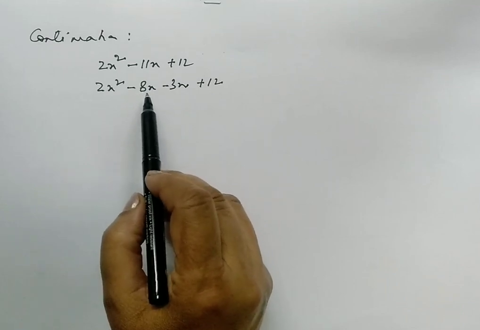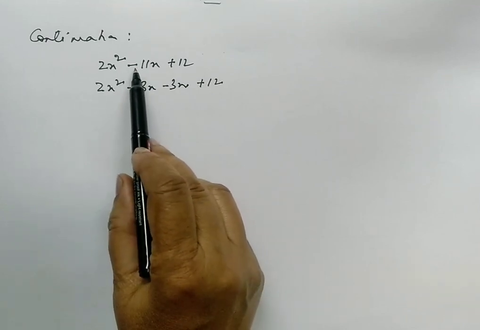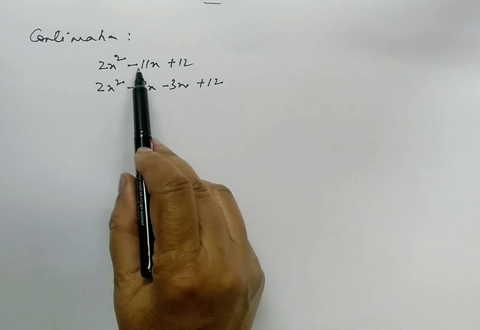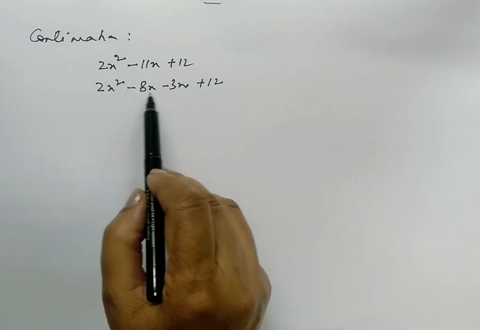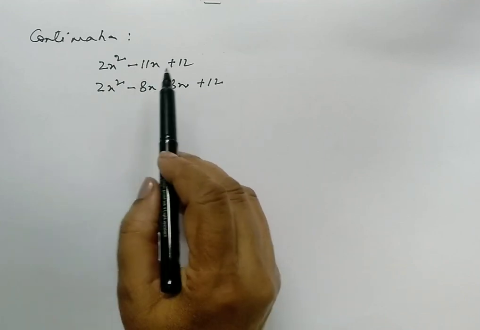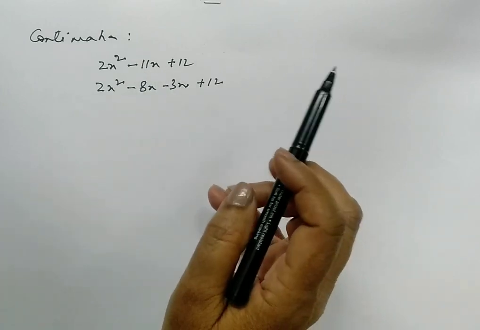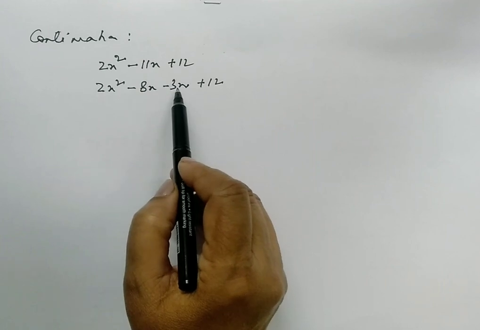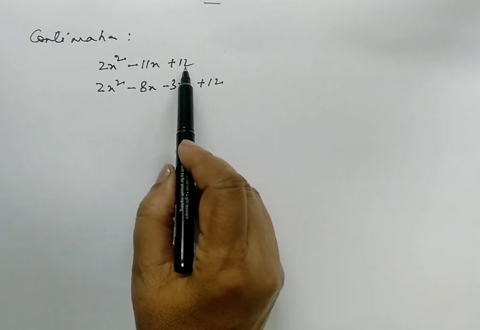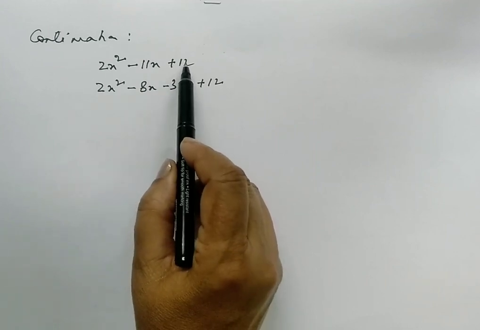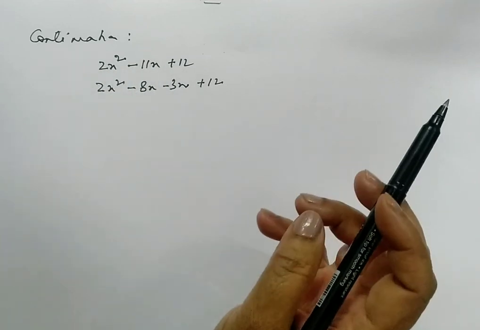We do justice to even the sign. We have a minus sign over here. So minus 8 and minus 3, okay, sum up to 11x.